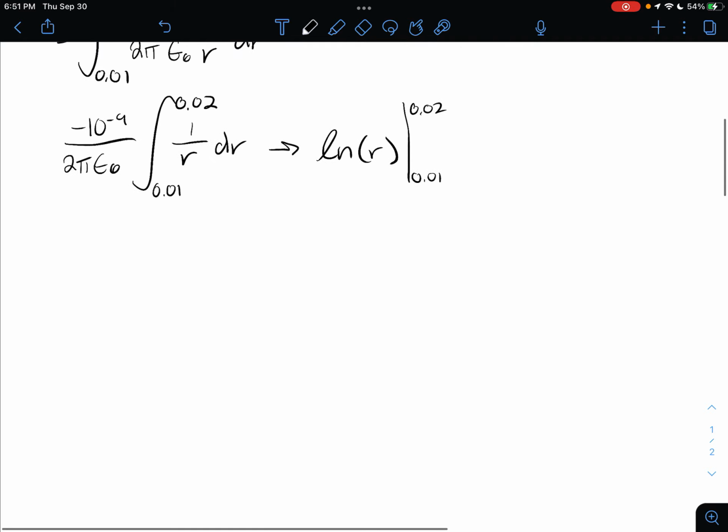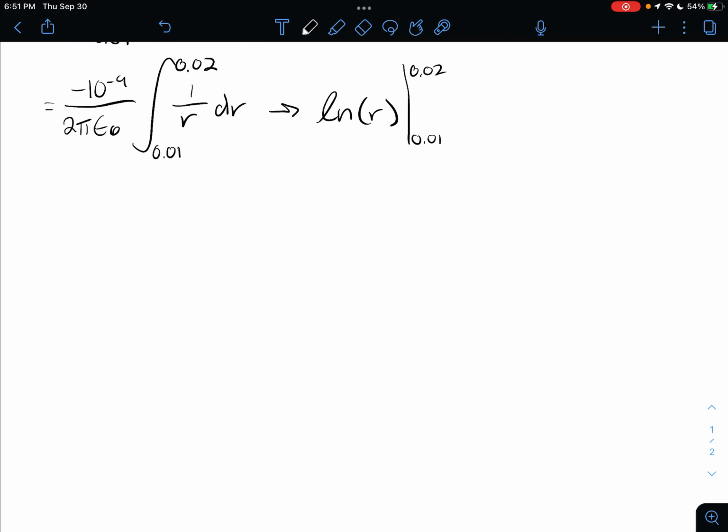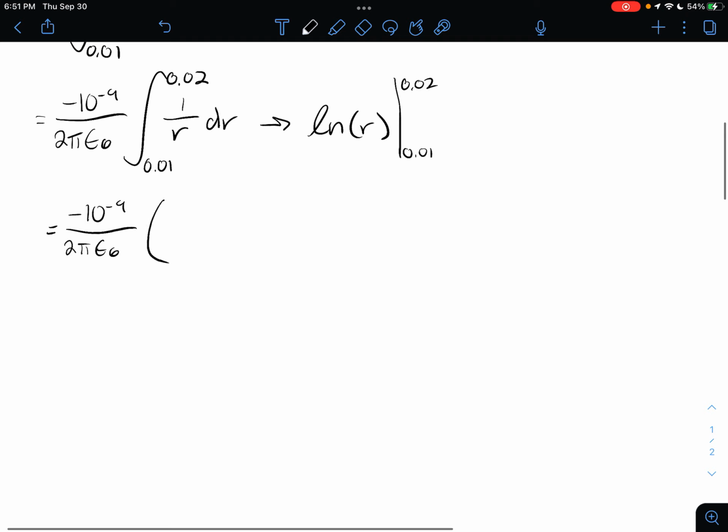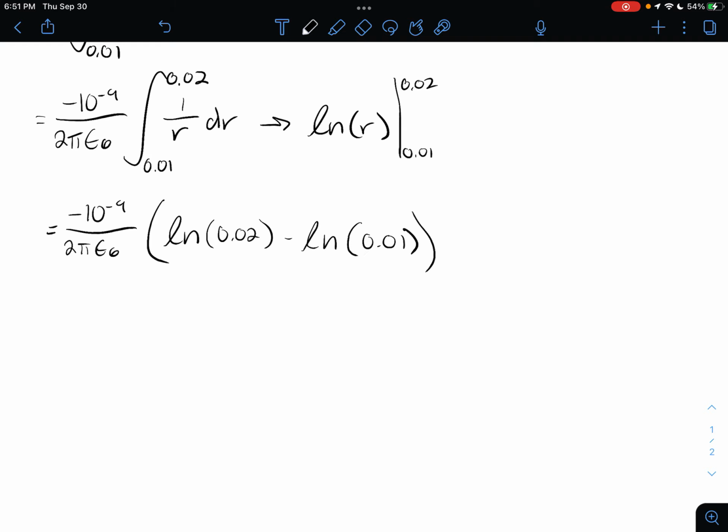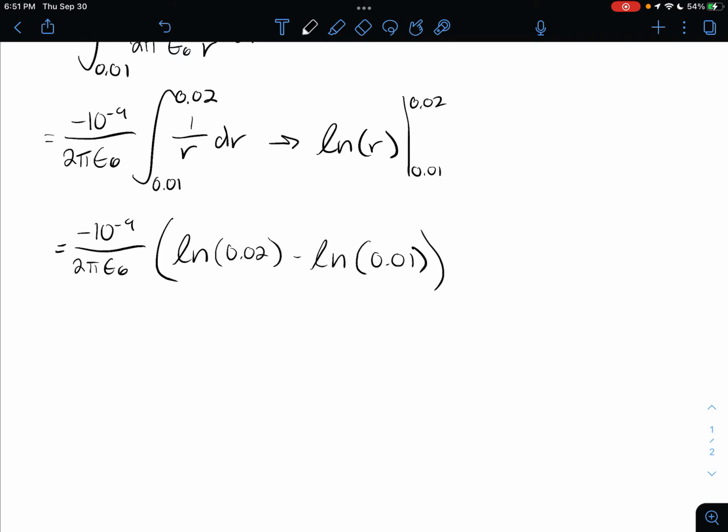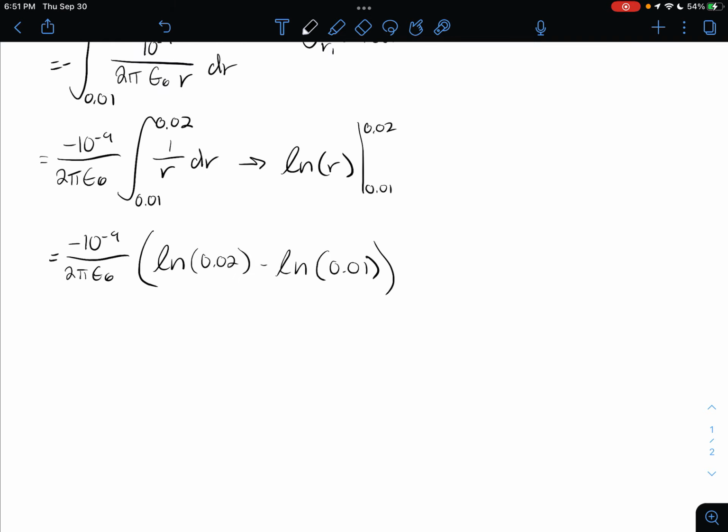So we plug that back in, all the way back in. That's going to give us negative 10 to the negative 9th over 2 pi epsilon naught times ln of 0.02 minus ln of 0.01. And that is technically going to give us an answer.